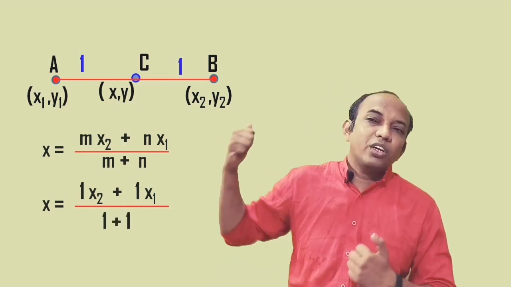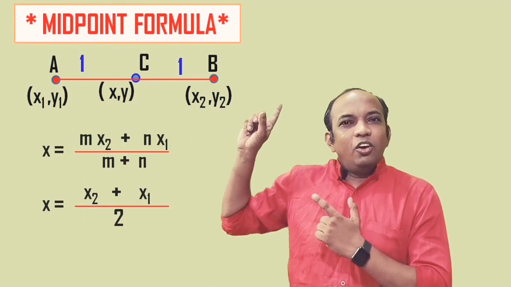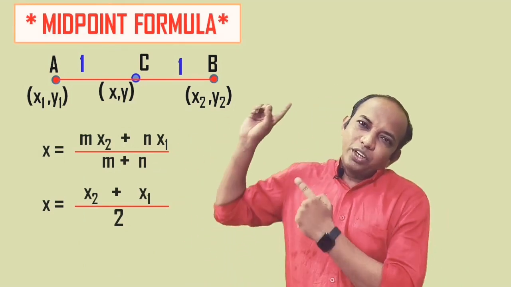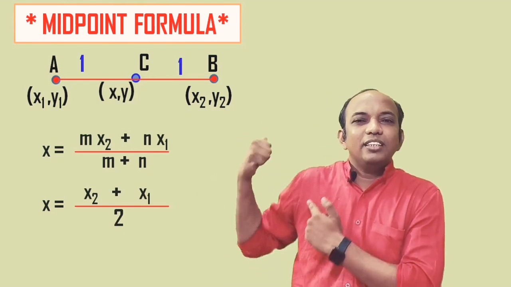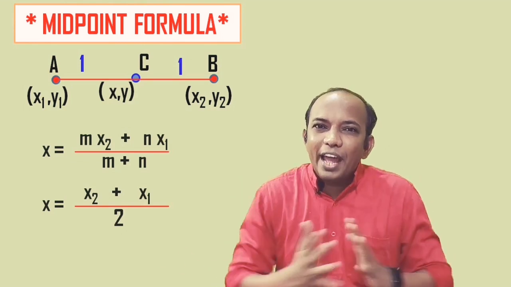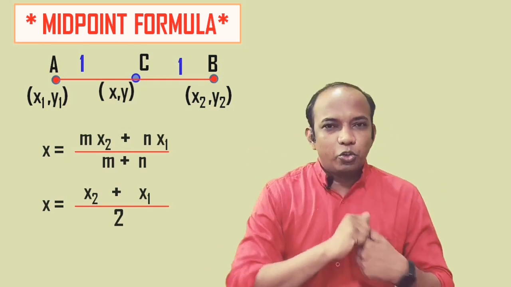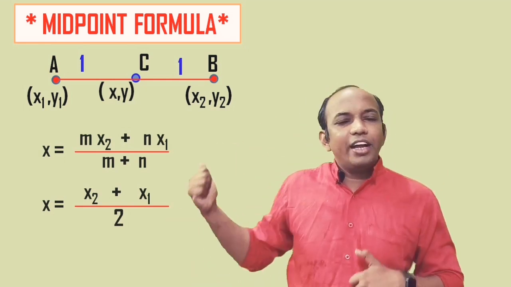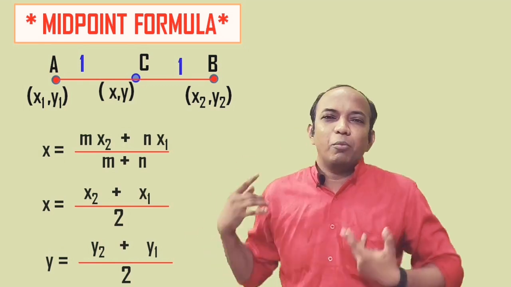We get x2 plus x1 the whole upon 2, and this is the midpoint formula, because here C is acting as a midpoint. This will be true for every midpoint of a segment whose coordinates we need to find. The same goes for y: y equals y2 plus y1 upon 2, and this is what the midpoint formula is.